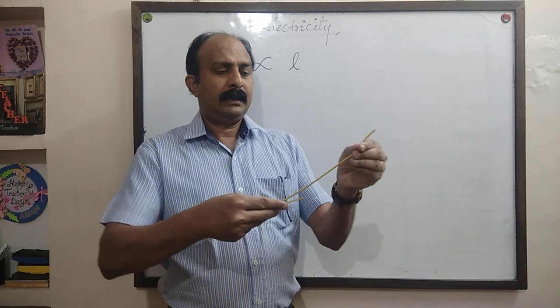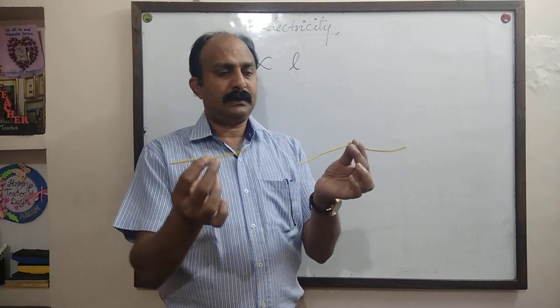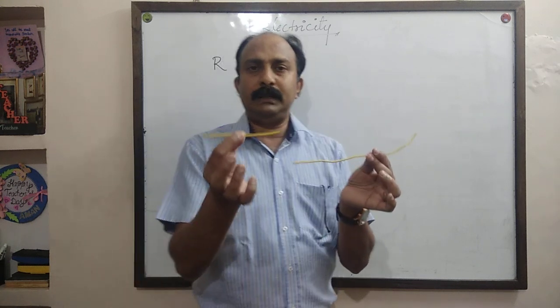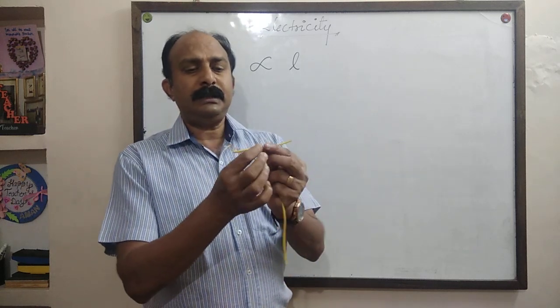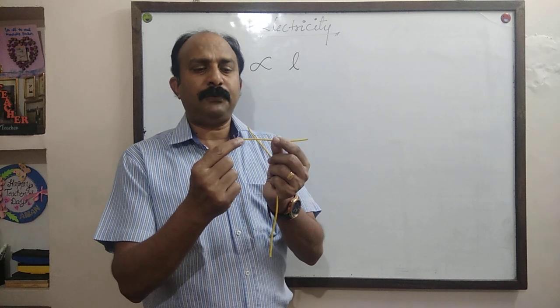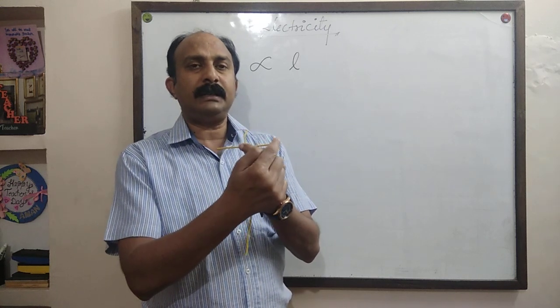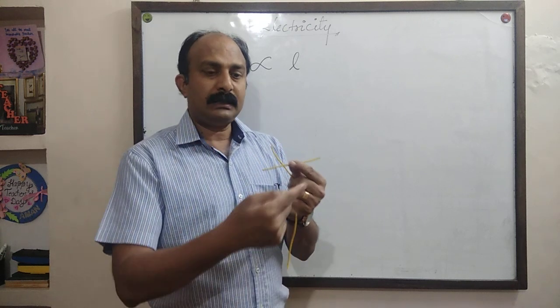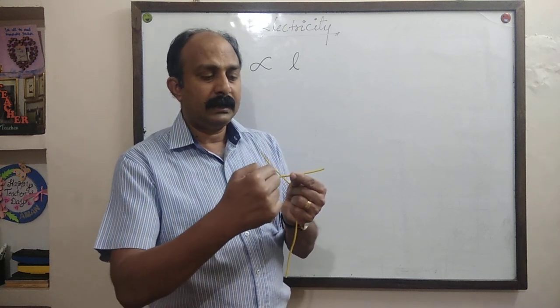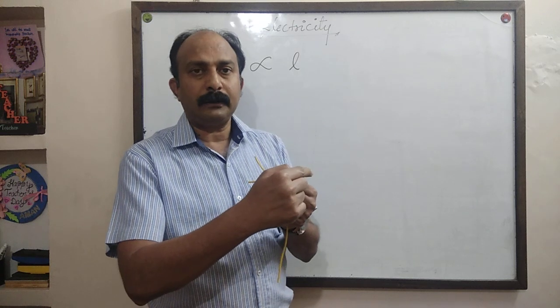So if the second wire is almost more than double the length of the first wire. We know that when electricity starts flowing from one end and reaches the other end, it has to overcome the resistance offered by this wire while traveling through this wire.